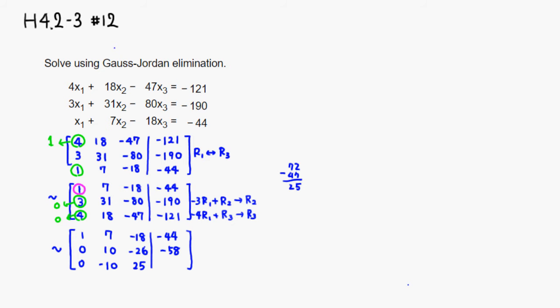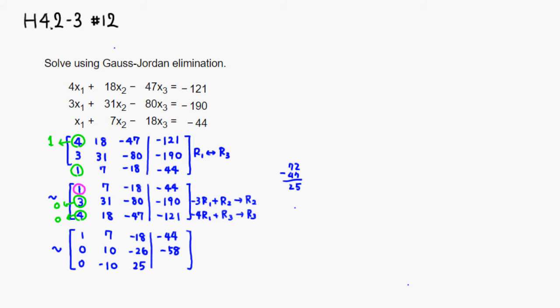Then we have to do negative 44 times negative 4. So it's going to be 16, so 172. Actually, 176, isn't it? Hopefully I do these things correctly.